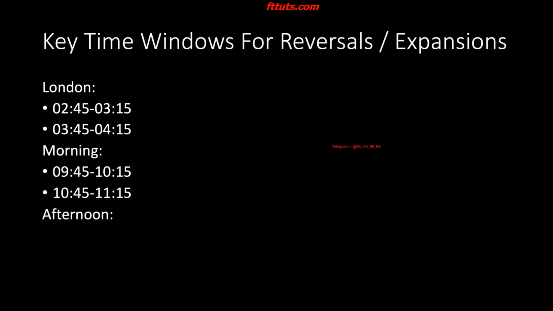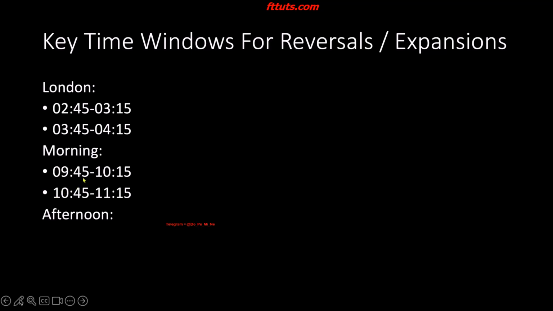With regards to environment selection, this also plays a huge role in detecting which time window is likely to be utilized for the expansion, or the beginning of the expansion, of that session. Because if we take a look at the 9:45 to 10:15 window, if, for example, there's a very choppy session, very choppy opening range, then the market is likely to chop around all the way into 10:30.